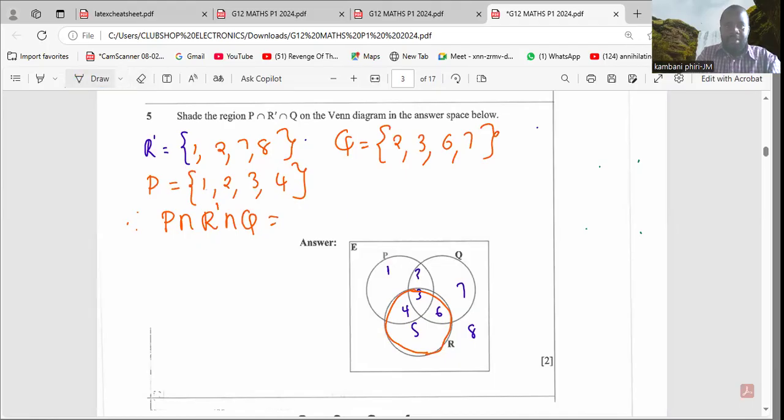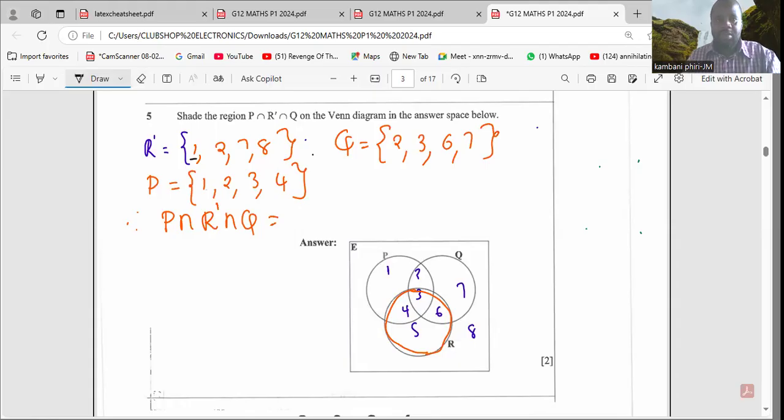Okay. So if you look at 1, it is not in Q, so it's not common. 2 is common to all the 3 sets, so we'll pick 2. The next one is 7. 7 is not in P, so we leave it out.